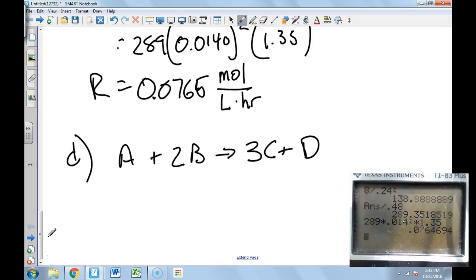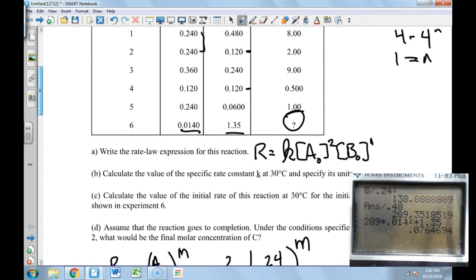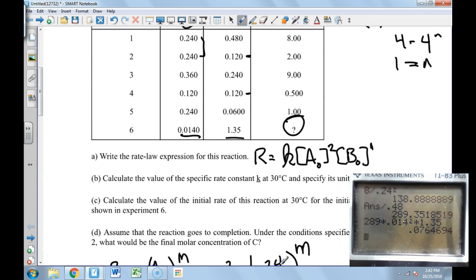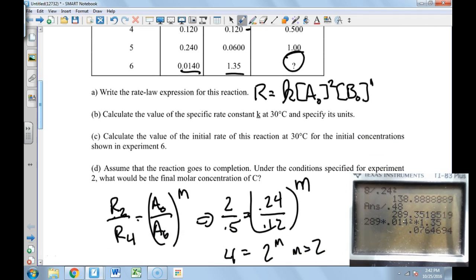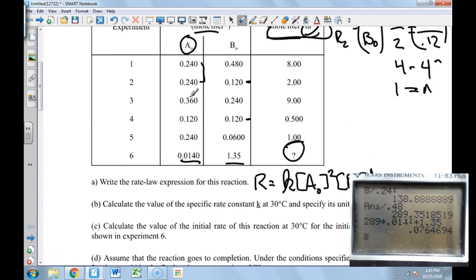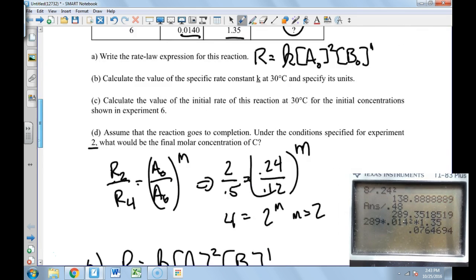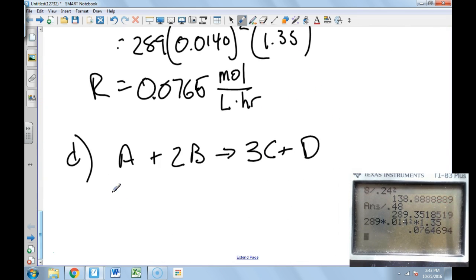And it says to assume the reaction goes to completion under the conditions specified. Under experiment 2, what would the final molar concentration be? For experiment 2, we have 0.24 A and 0.12 B.